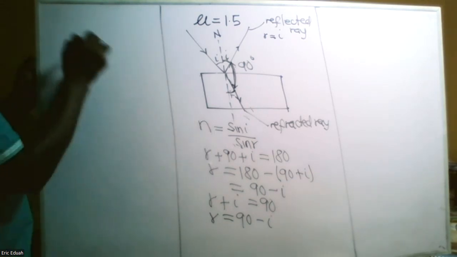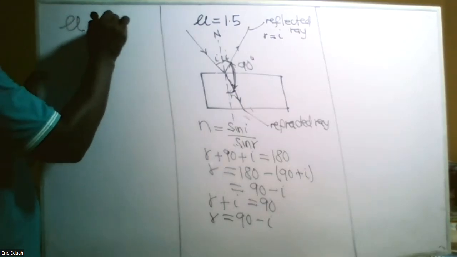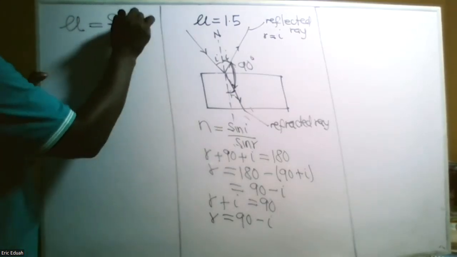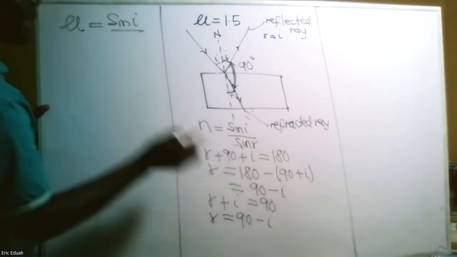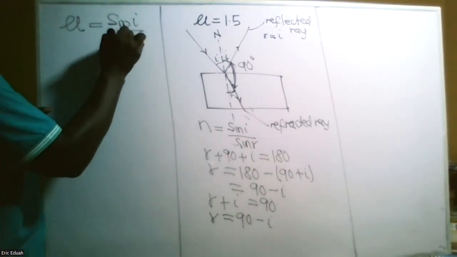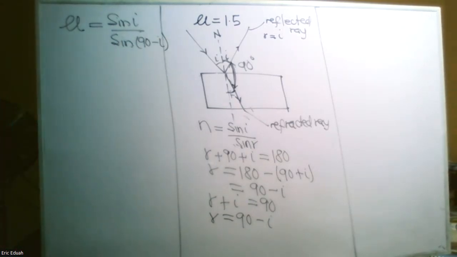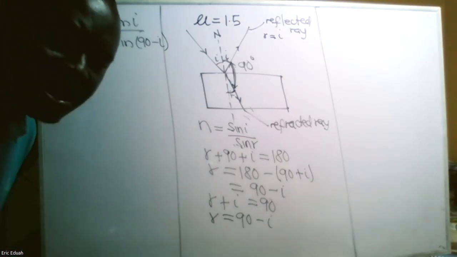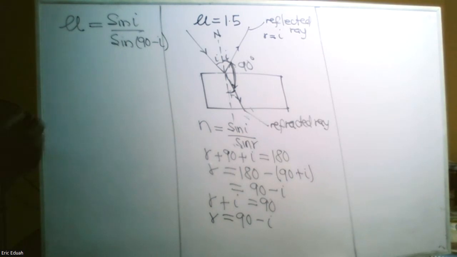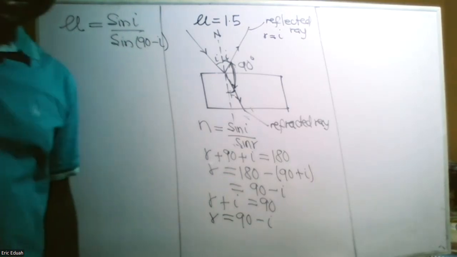Yes. So, refractive index mu, which is equal to sine I on, now R is 90 minus I. So sine 90 minus I. Please, when I was marking, I got some of you saying that, oh, sine and sine will cancel. Charlie, it doesn't work like that.